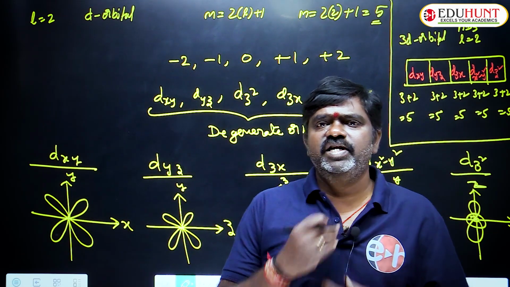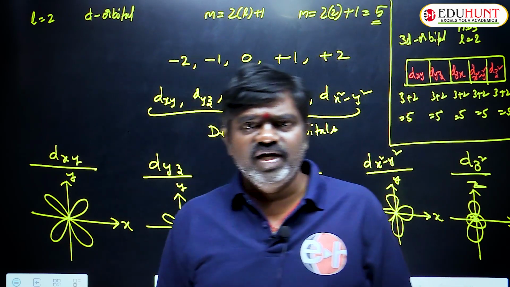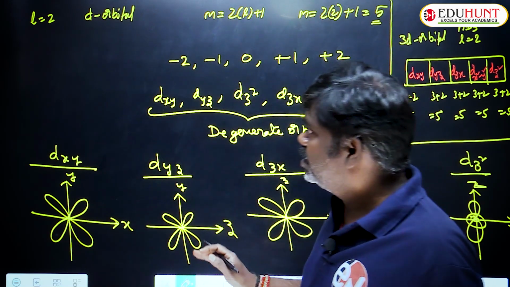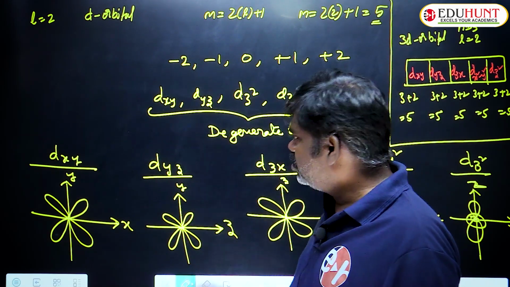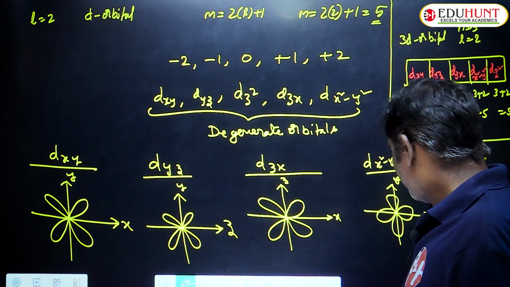The number of spatial orientations of orbitals is explained using only the magnetic quantum number. With the magnetic quantum number, we can also explain the number of nodal planes.